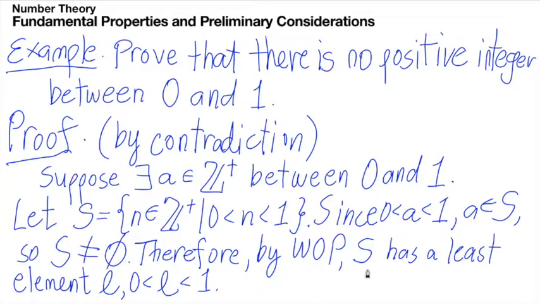S has a least element L, and this L is between 0 and 1. There shouldn't be any lesser than this because it's the least, right? Now, remember this L.